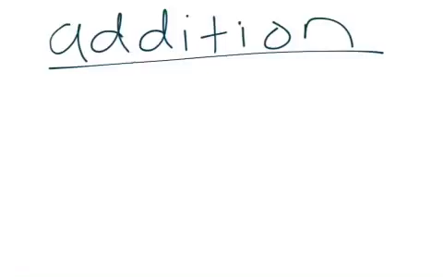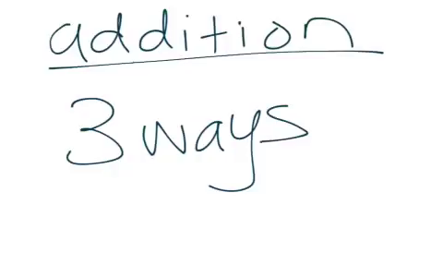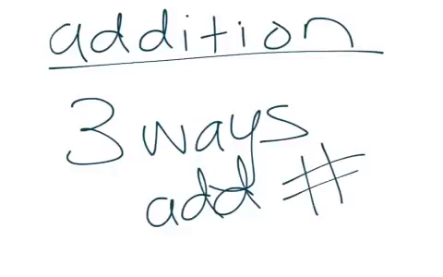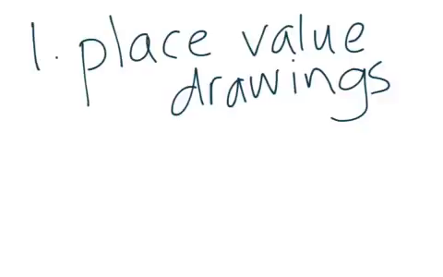The first thing that I want you to do is think about what are the 3 ways that we talked about last week to add numbers. So I want you to go ahead and hit the pause button and write this on your note sheet. The 3 ways that you can add numbers together is 1, by doing place value drawings.